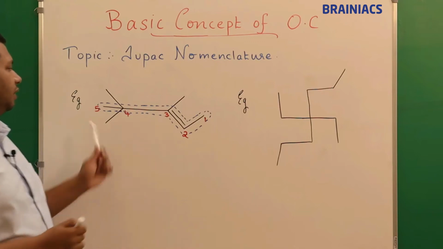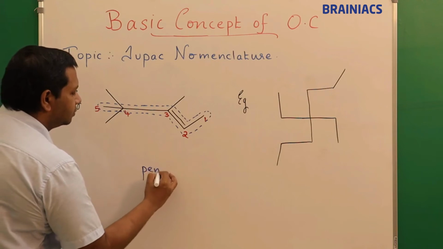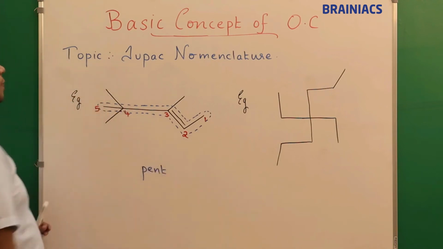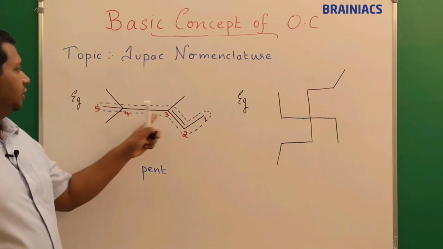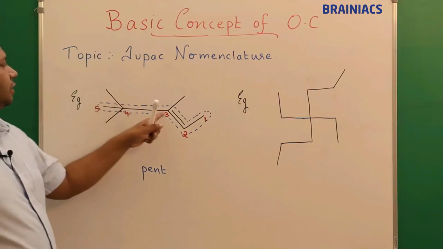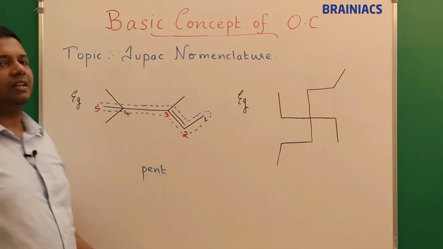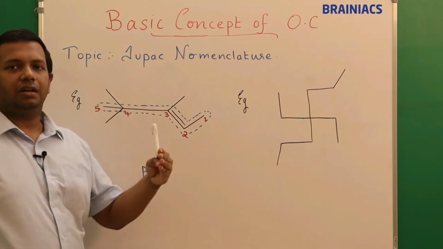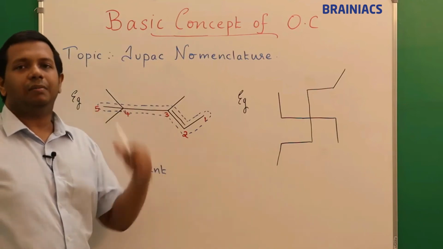I know that the parent carbon chain has 5 carbon atoms, so I will use the term pent. And there is no primary prefix. Secondary prefix will be there because substituents are at the 4th position and 3rd position. At the 4th position you have 2 methyl groups and at the 3rd position you have a methyl group. When numbers are there, you should write them in increasing order, that is 3, 4, 4. All are methyl groups, so I can say trimethyl.